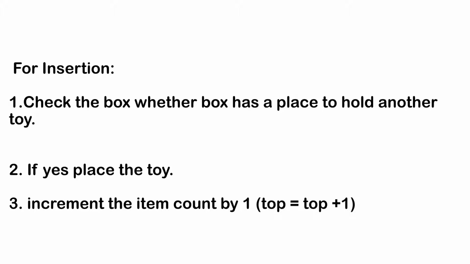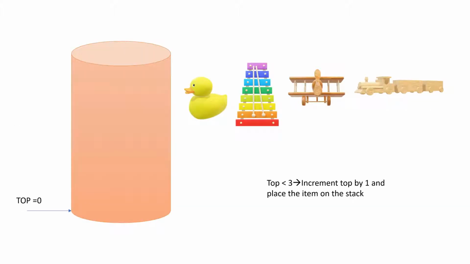Then if there is a place, you can place the toy by incrementing the top pointer by 1. So this is the operation you are going to perform while inserting an element or toy. Top pointer points to 0. There is no element in the box.